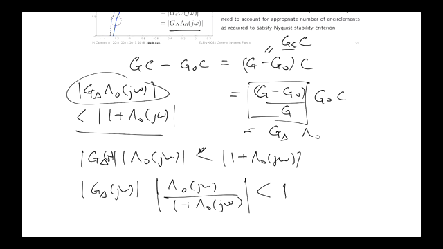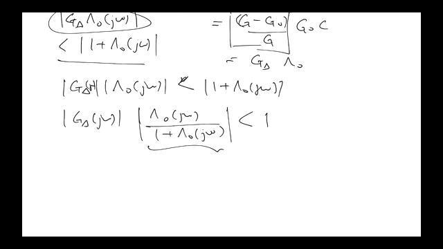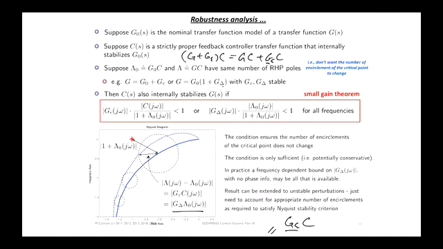What's this guy here? It's the complementary sensitivity function, or at least its nominal value. I want it to be less than 1. So where the multiplicative uncertainty, perturbation, is large, I want T to be small so that the product will be less than 1. This is the so-called small gain condition.